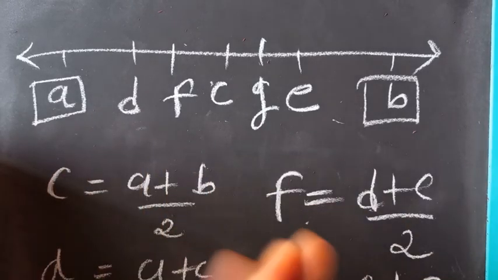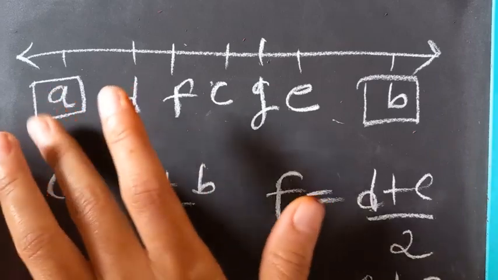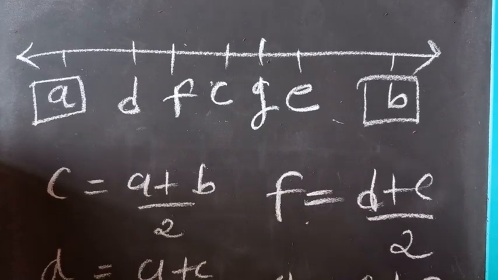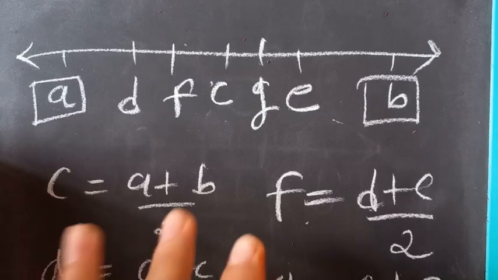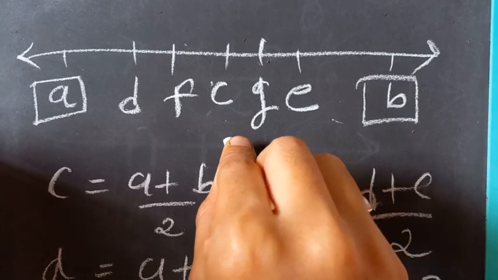By this way we can find any number of rational numbers between a and b. This is the fastest way to find rational numbers, rather than assuming them or finding them directly. This is the method we will use in question number 4. So stay tuned for rational numbers.